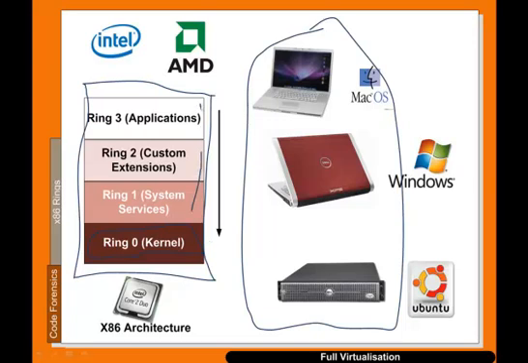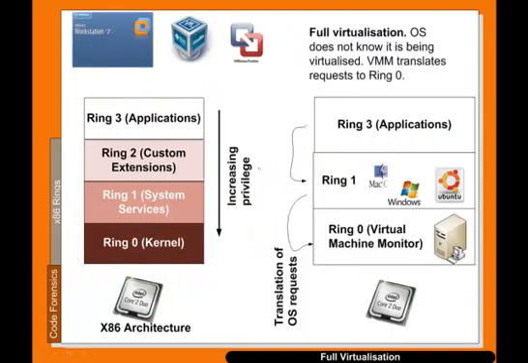And then as we go up, all our applications run in this ring. With full virtualization, we interface into this layer here, into ring 1, and the virtual infrastructure translates this into ring 0.